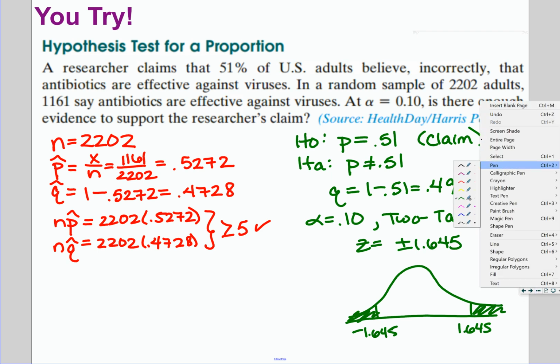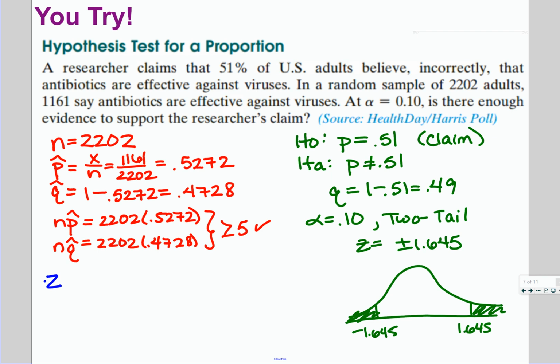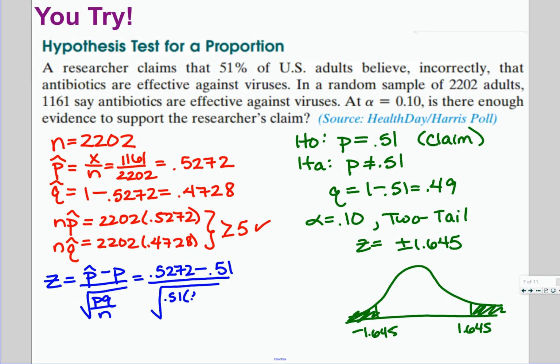All right, let's calculate Z. We do P hat minus P, over the margin of error, which is PQ over N for my population. All right, so P hat 0.5272 minus P 0.51, over 0.51 times 0.49 over 2202 at the bottom.